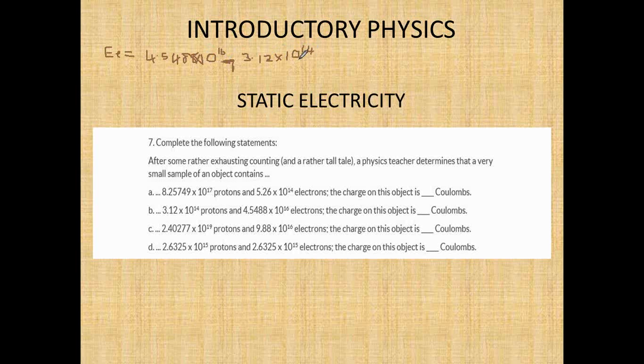Essentially we have to simplify this. We're subtracting this quantity from that quantity. So if we make the power of 10 the same, to get 10 to the power 14 to 10 to the power 16, we're going to have to move the decimal point 2 places to the left.